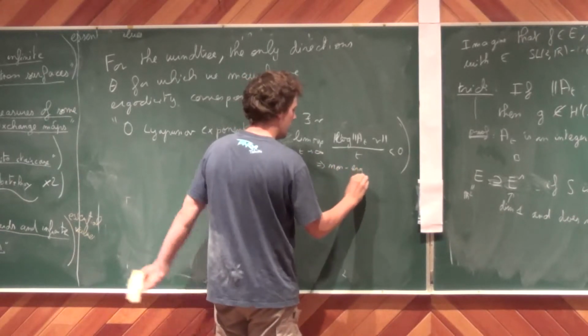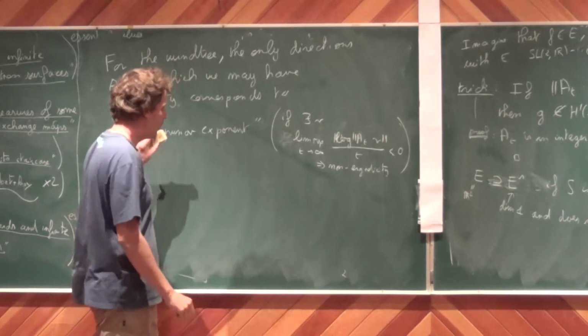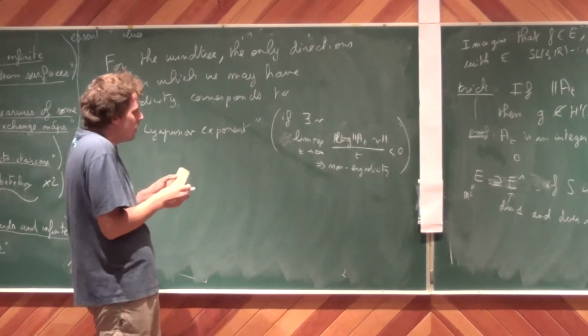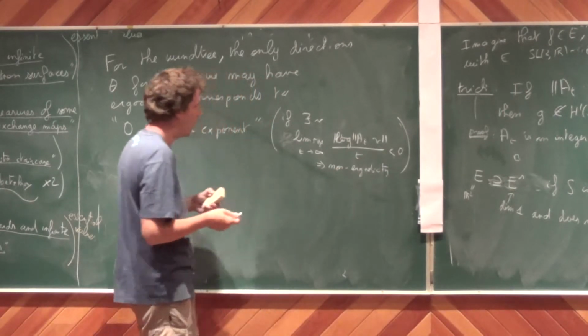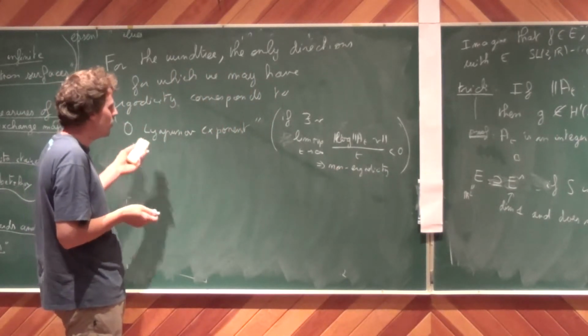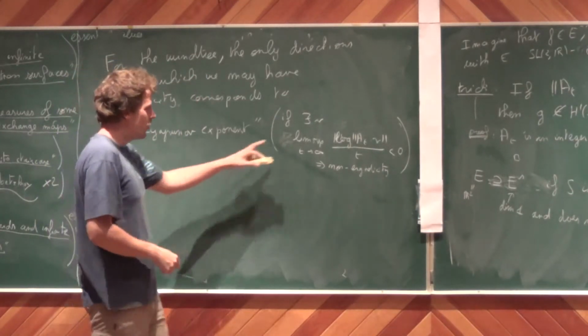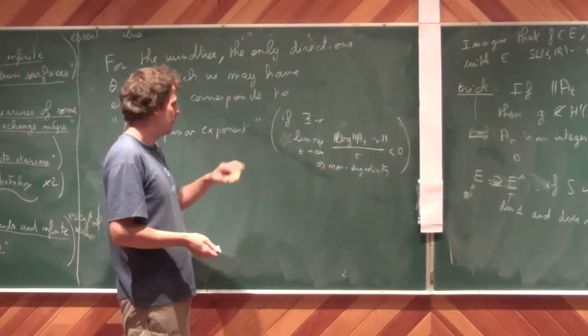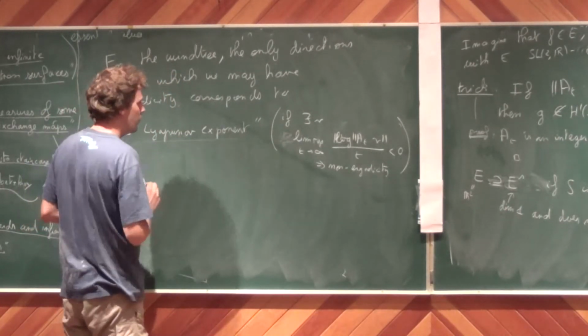But what basically I sketch here: if you want to have a candidate for ergodicity, this should go to 0. This should be greater or equal to 0. And so this corresponds to the Lyapunov exponent. Because if you have something which is positive, that grows positively, you have a negative Lyapunov exponent as well. So this corresponds to some phenomenon.